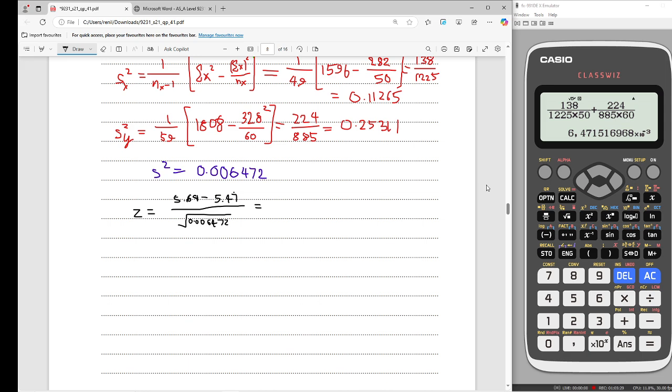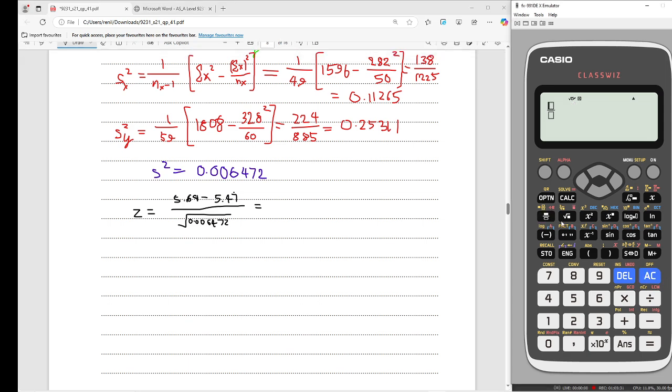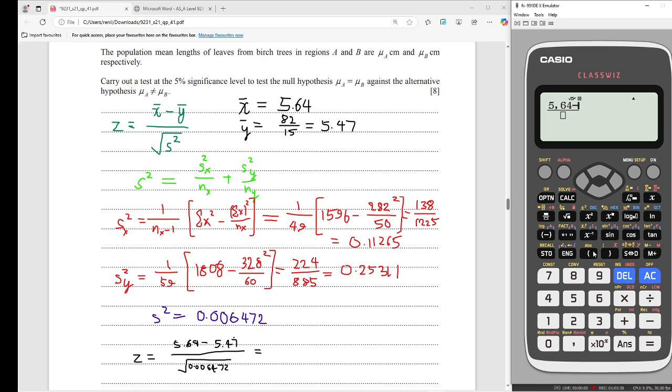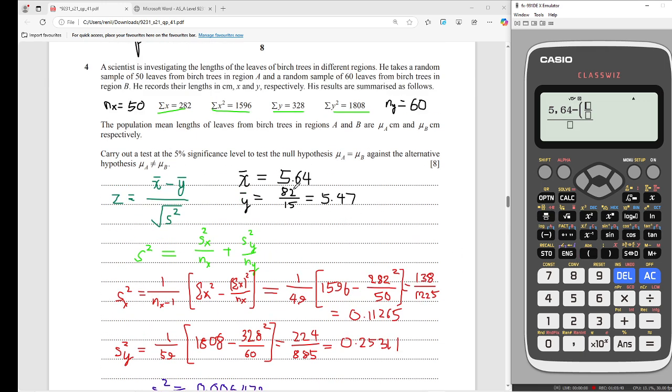Now let's do this. 5.64, which is our sample mean of x, which we got a neat value for, but the sample mean of y we didn't. So we're just going to put in 82 over 15. Just for a surety, you can put 328 over number of terms, 60, which should be the same thing. Okay, and this is divided with the root of the S2 value we've calculated earlier, and that's going to be 2.1545.